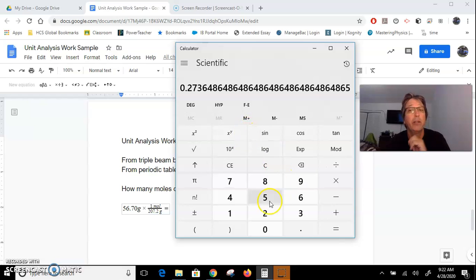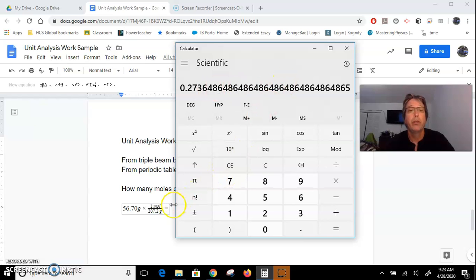But remember our significant digit rules. There's 4 significant digits in 56.70, and there's 4 significant digits in 207.2. So that means 1, 2, 3, 4. We've got to round right there: 0.2736, because that leading zero doesn't count.